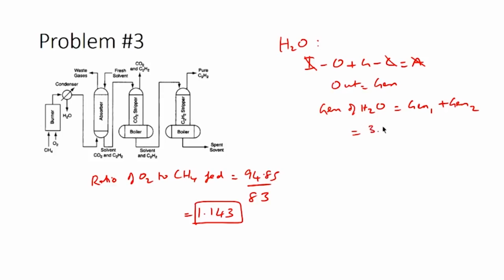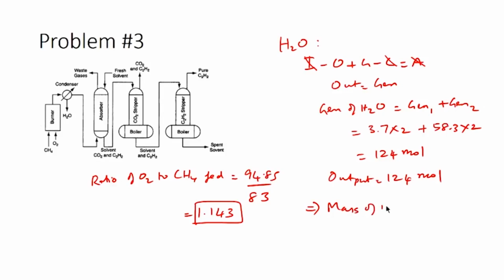So, this is 3.7 times 2 moles of water generated by reaction 1 plus 58.3 times 2 moles of water generated from reaction 2, giving you 124 moles of water generated. So, water output is equal to 124 moles. This implies the mass of water removed or condensed would be equal to 124 times 18, which equals 2232 grams.